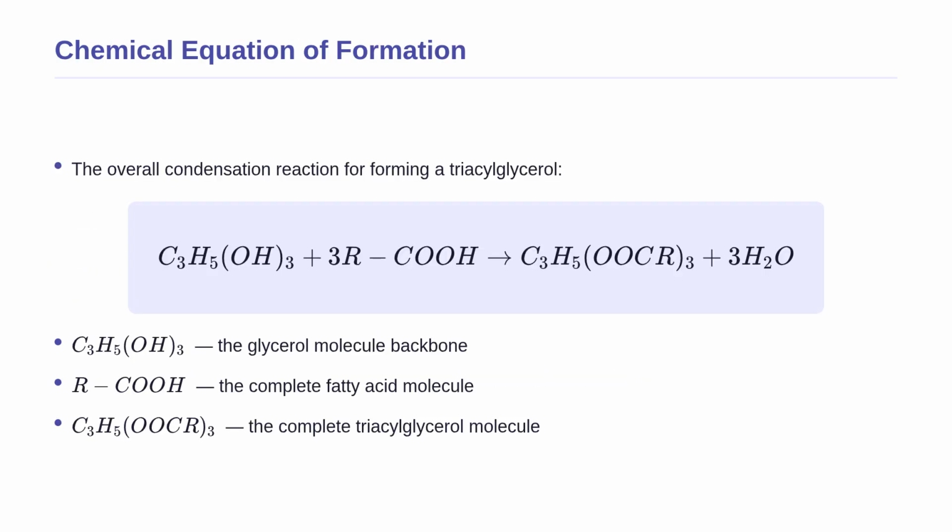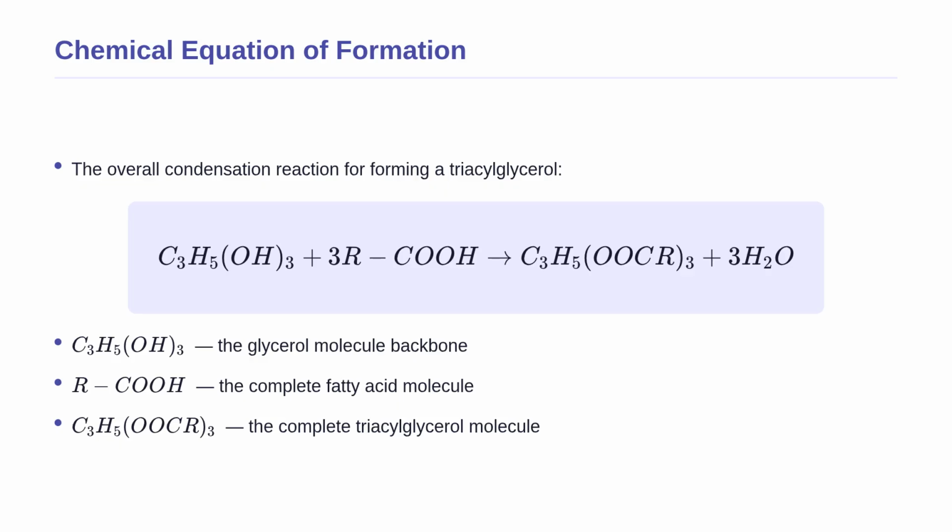This brings us to the mathematical and chemical representation of this process. Here is the chemical equation for the formation of a triacylglycerol. On the left, the term C3H5(OH)3 represents the glycerol molecule, which acts as the structural backbone. The symbol R represents the long hydrocarbon chain of the fatty acid, and COOH is the reactive carboxyl group.